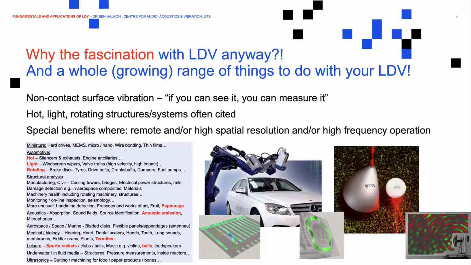Then there's a whole growing range of fascinating things that we can do with our vibrometer, and I list a good number of them here, and I highlight some of those that I've already described and some that are particularly of interest to me, including some espionage, eavesdropping, reconnaissance type activity, because we can use them to listen to what's happening inside a room or in a vehicle, because sound pressure creates vibrations of flat panels, and I can put my laser beam on that flat panel.